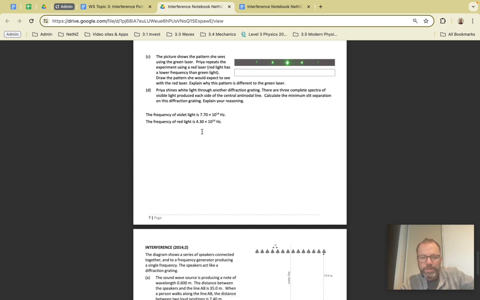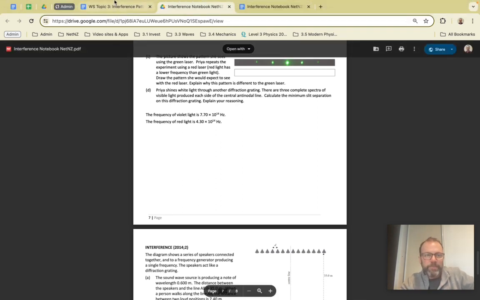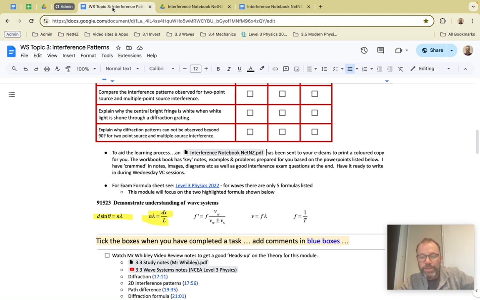Reasonably old, but good, and they go up to excellence. If you can do these, you're in a good position to do well in the assessment. Going back, that should hopefully be given to you this coming week. If not, never mind. See if you can print out a copy for yourself. Go ask the librarian. I'm sure she might do it in color for you as well.